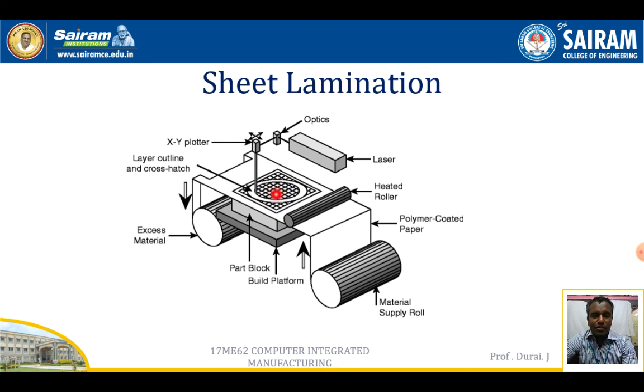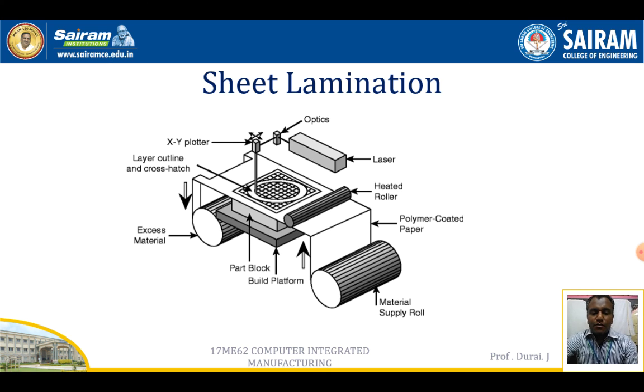After completing the first layer, again the sheet is pulled from the spool and placed above that one, bonding takes place, and it is added over the build material. So like that, the layers are added in the ultrasonic machining process.